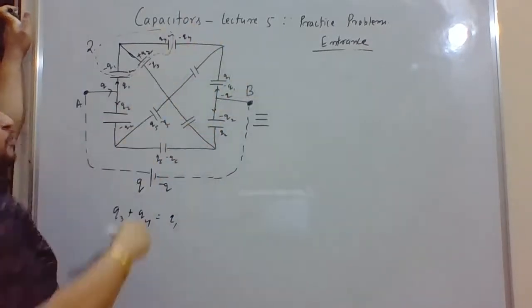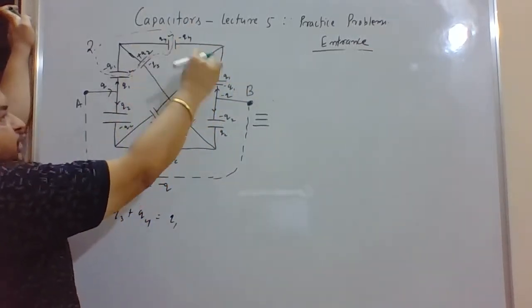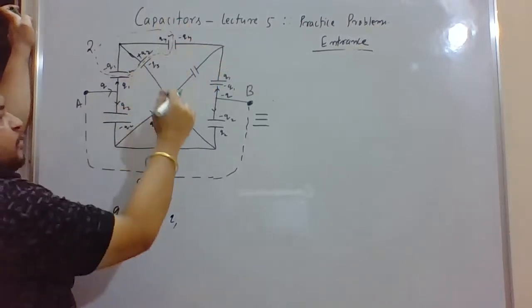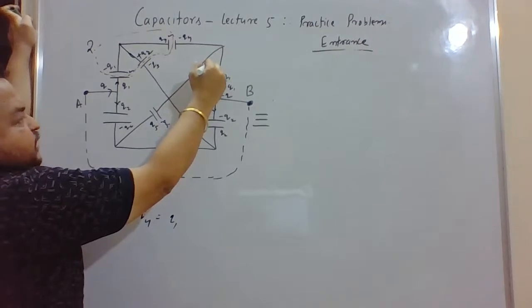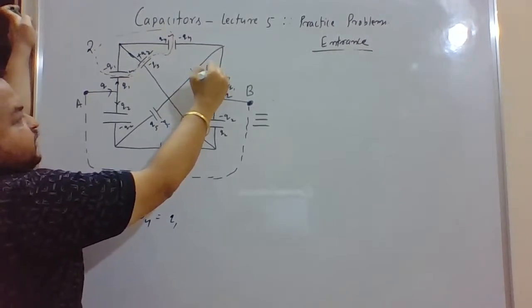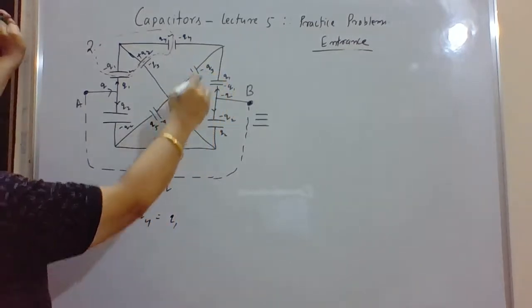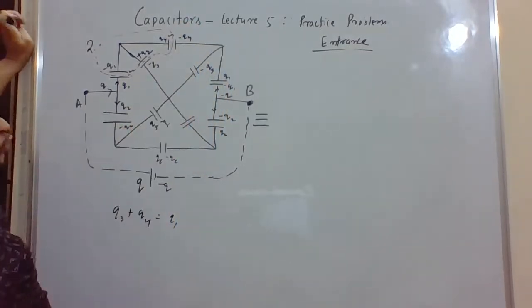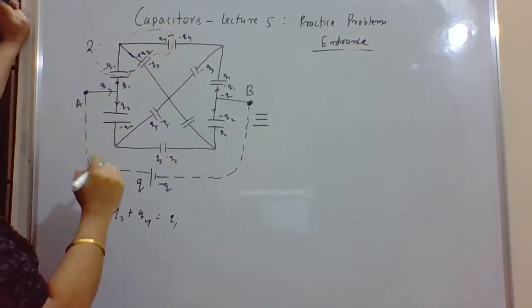Let us do it from the other side. From Q1, Q3 came to this side and Q4 came to this side, so we'll go with the same thing. This one will be minus Q3, and this one will be minus Q4. The reason is simple: we are going by the symmetry.